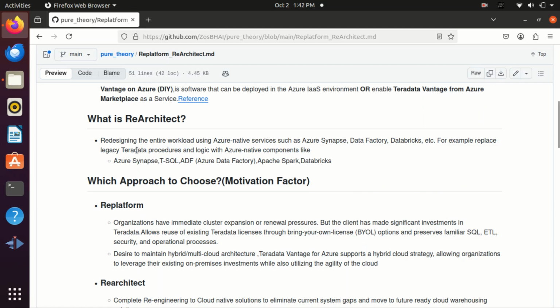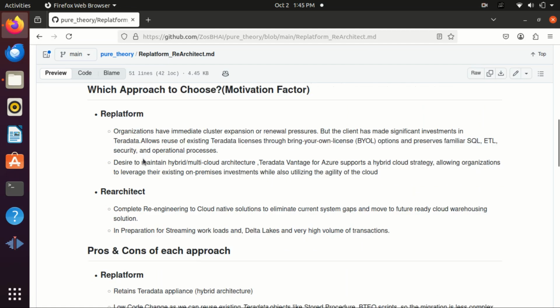For example, instead of carrying over legacy Teradata stored procedures and logic, you rebuild them using components like T-SQL in Synapse, and pipelines in ADF to orchestrate those SQL scripts. And if the volume of data is too large, you can leverage the big data processing options available in Azure, like Databricks or Spark notebooks.